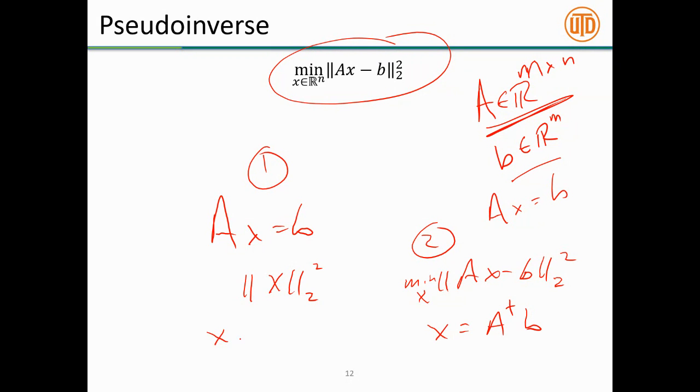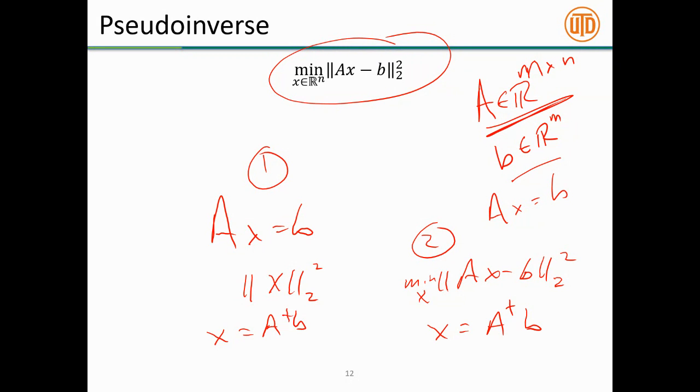It's the same thing over here. The solution was given by x is equal to A pseudo inverse b. So in fact, the pseudo inverse always makes sense. It always gives us back a minimum norm solution to Ax equals b if it exists.